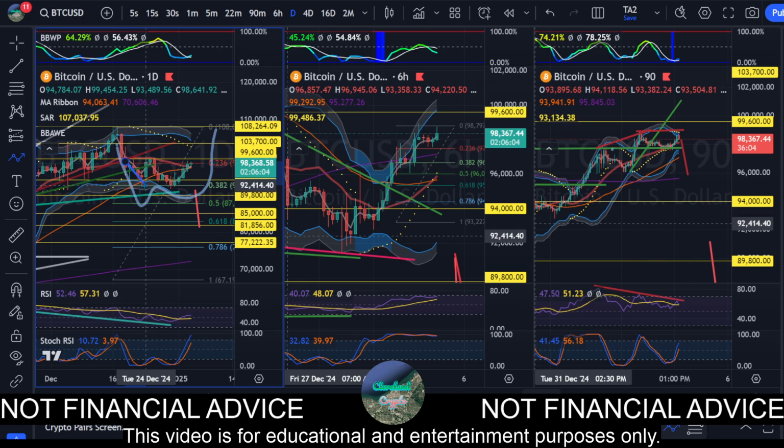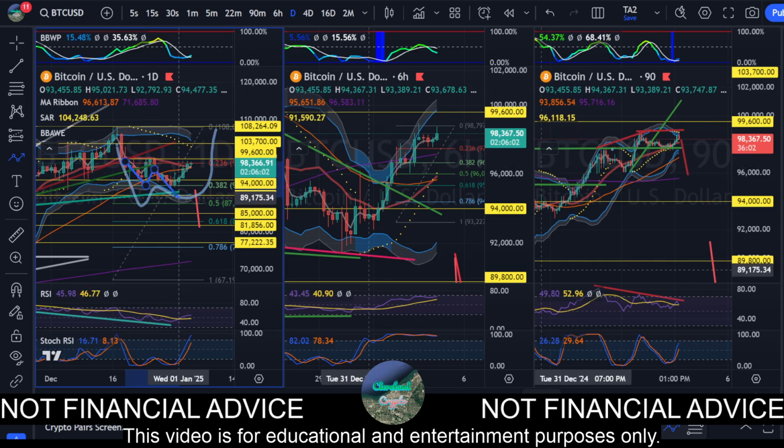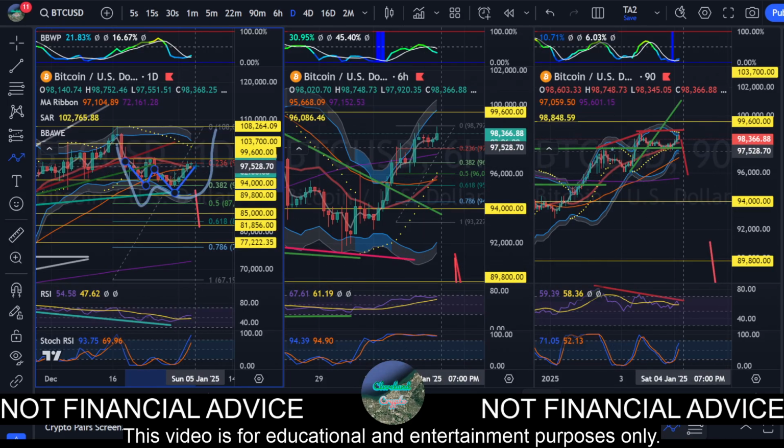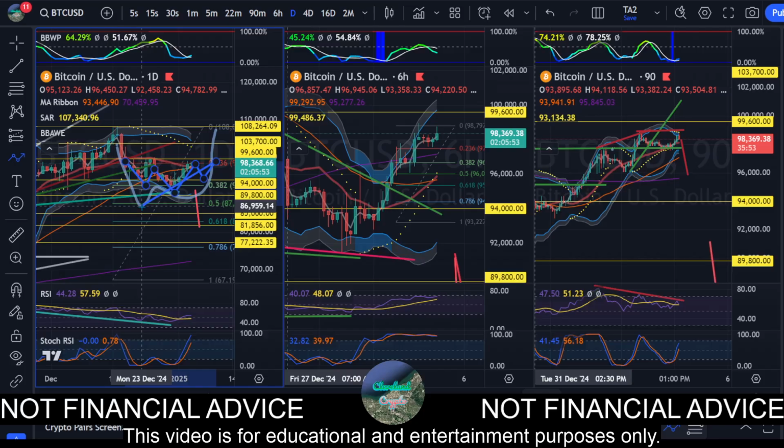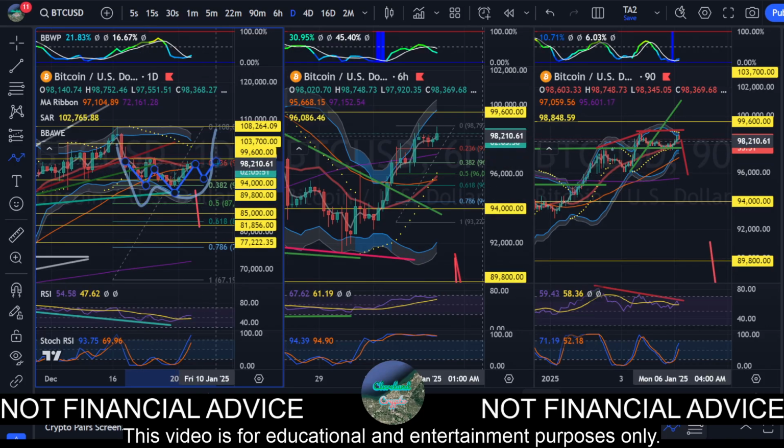Now, I might be drawing this prematurely, obviously, because we don't know what's going to happen. But if this pullback, which I think is going to come, does come, then it could start building this inverted head and shoulders pattern.